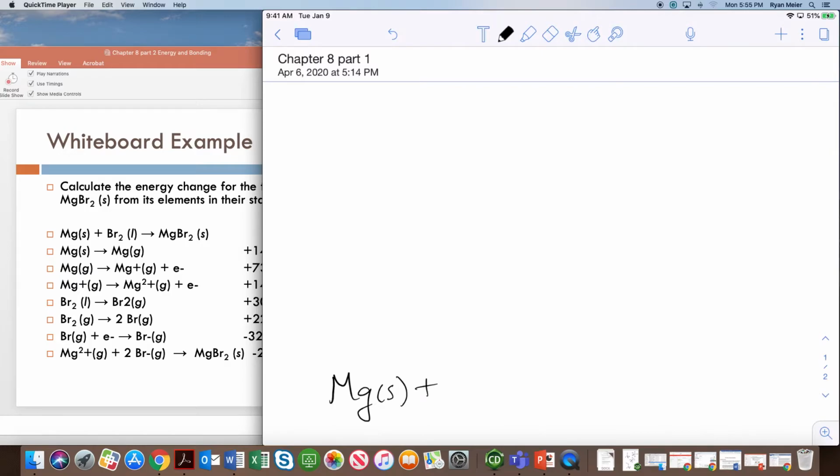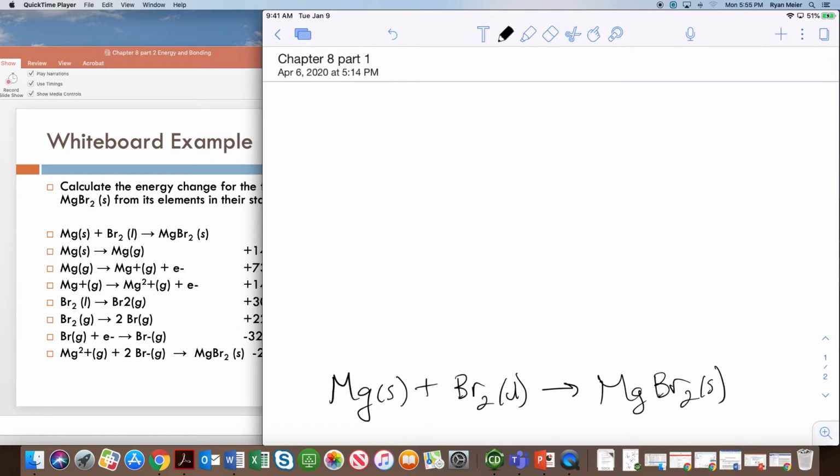So we have magnesium as a solid reacting with Br2 as a liquid, making our magnesium bromide as a solid. That's our overall reaction that hopefully all of those individual steps outlined over there will combine into. So how we go about doing that.